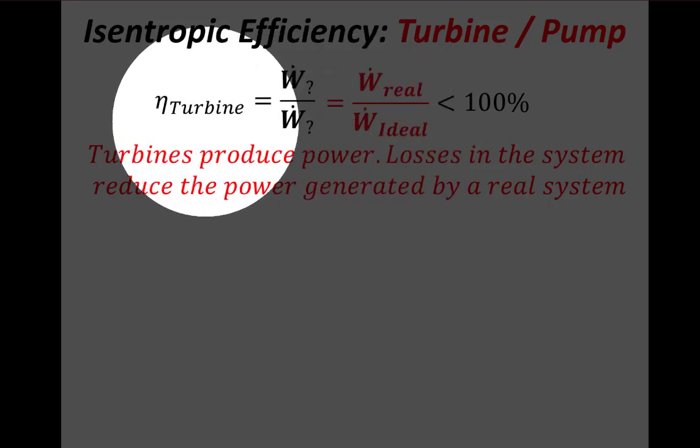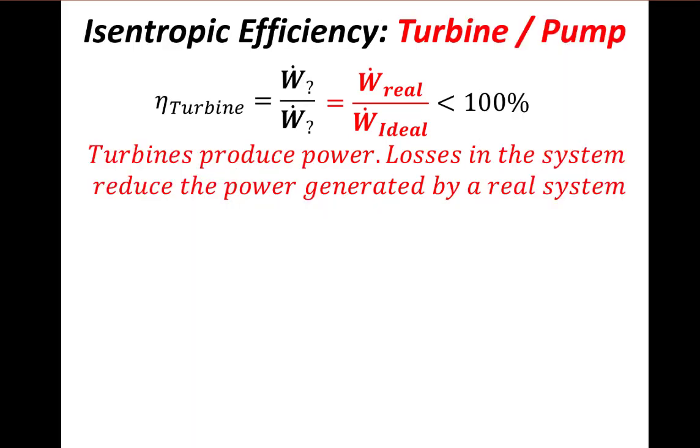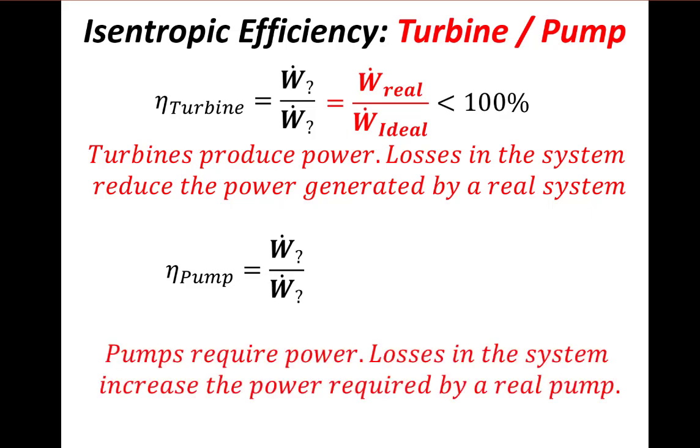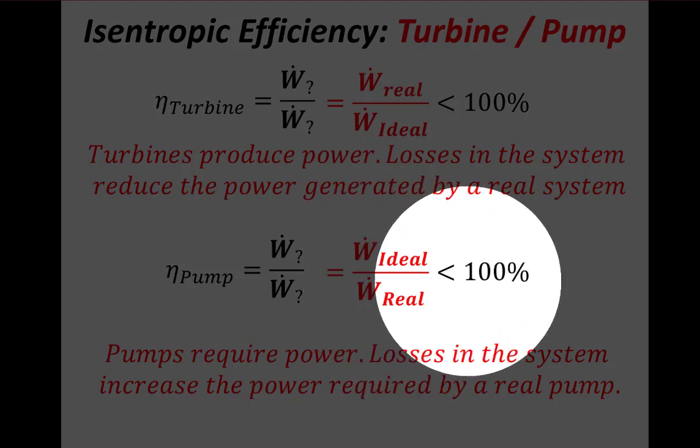These isentropic efficiencies are always going to give you a number less than 1, or less than 100% if you multiply by 100. So for turbines, it's real divided by ideal. But for pumps, because pumps are a cost to the system, the cost to the system is higher in the real case. So the real power goes on the bottom.